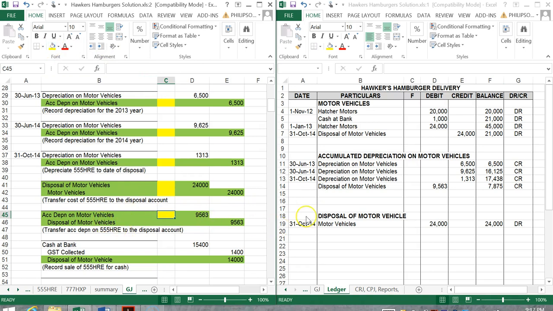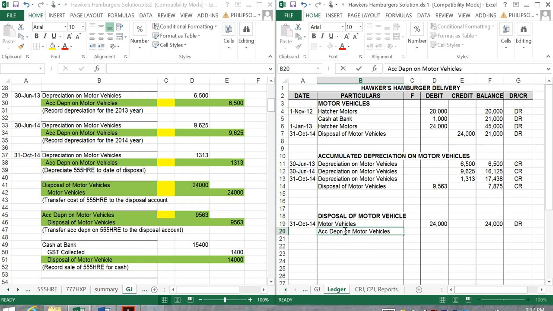And then the credit to the disposal account, same date, particulars being accumulated depreciation. Okay, 9563. So taking a credit away from the debit, so 24 minus 9563, it's still a debit balance.